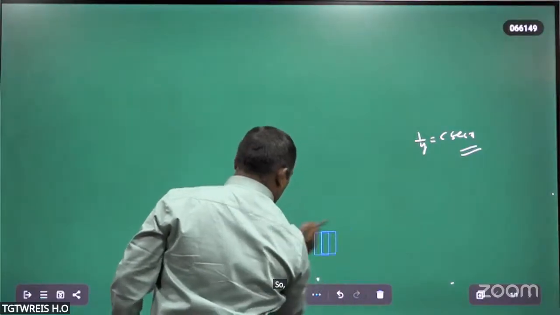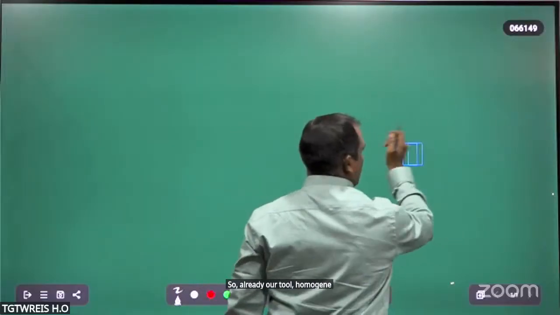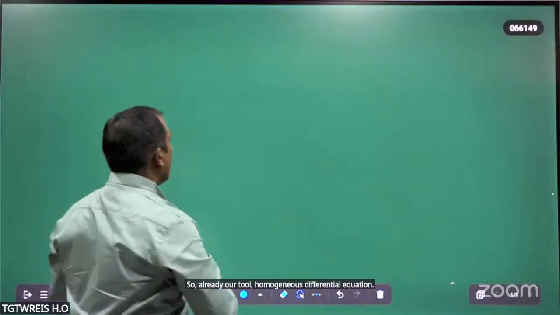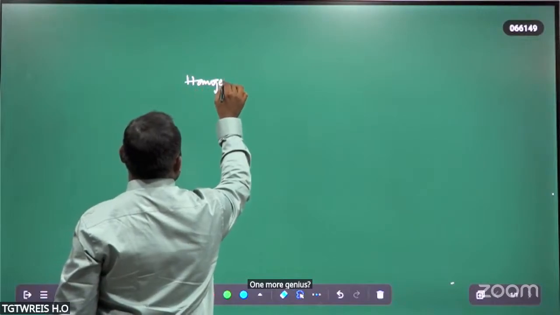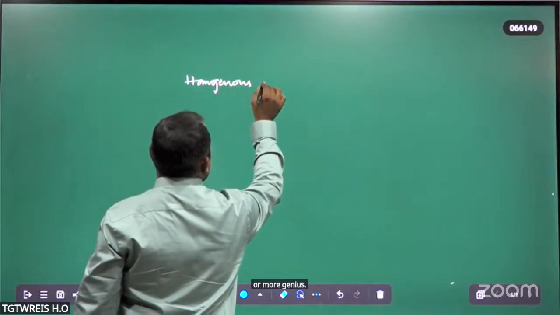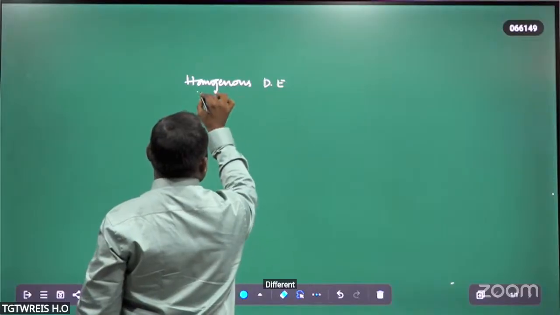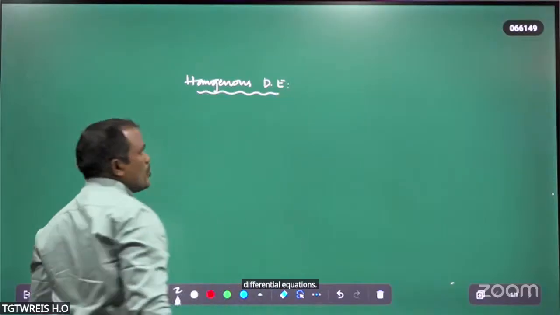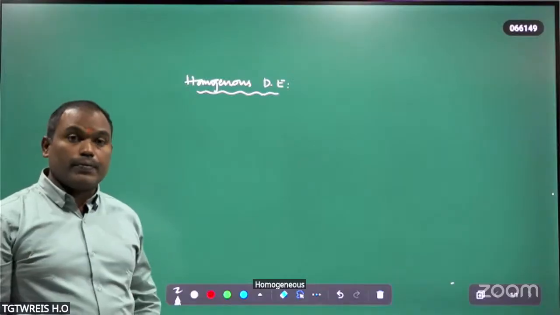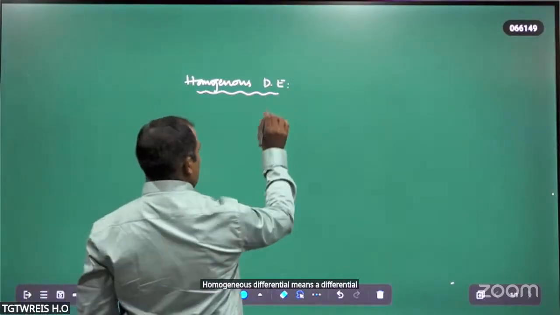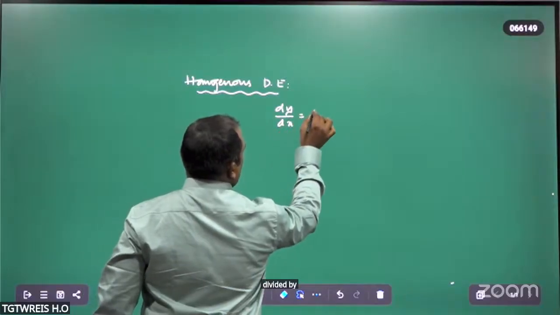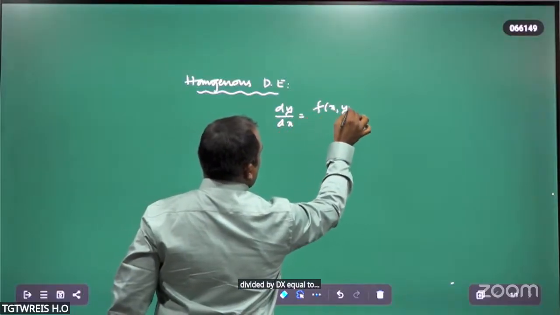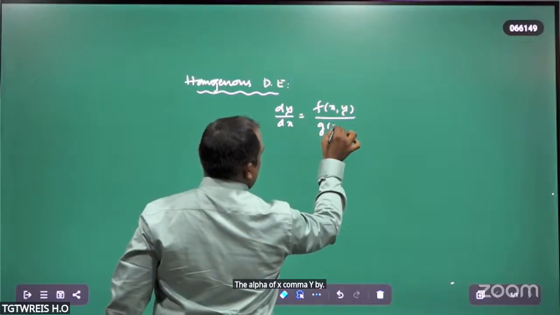Already I have told about homogeneous differential equations. A homogeneous differential equation is of the form dy by dx equal to f of x comma y by g of x comma y.